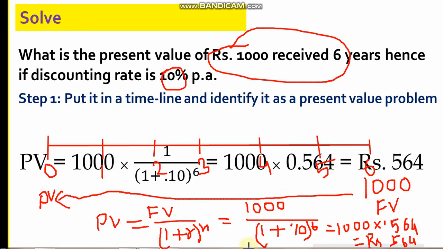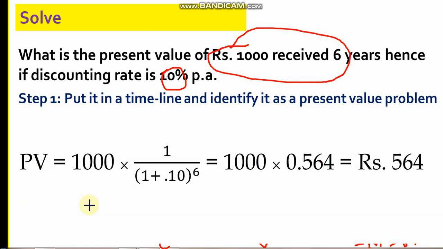So this is what we have actually calculated here: present value is equal to 1000 into 1 by 1 plus 0.10 to the power 6, and when I calculate this using my calculator, this is what I get, that is 0.564.